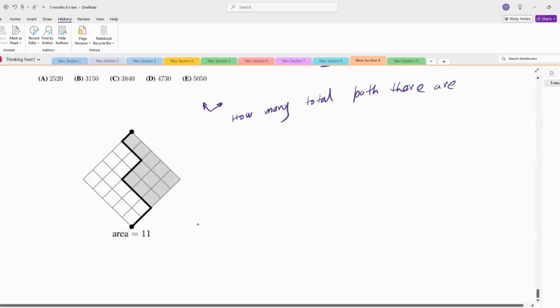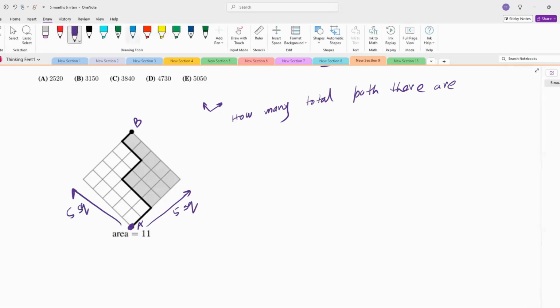You have to know combinatorics for that. So think about this. If I go from point A to point B, no matter how you go, you're going to have to go 5 squares on this side and 5 squares on that side. Let's count this one. I'm going to count the northeast with green and the northwest with red.